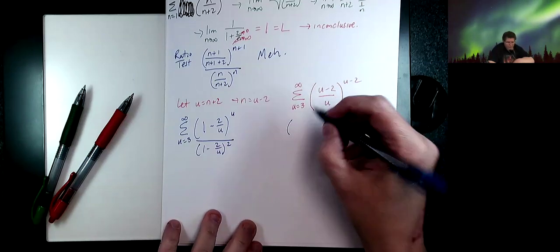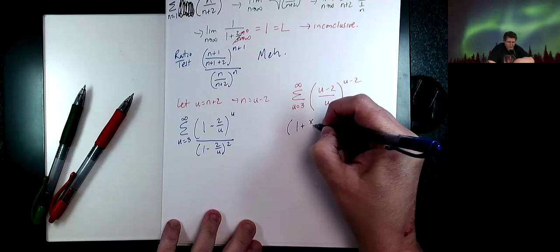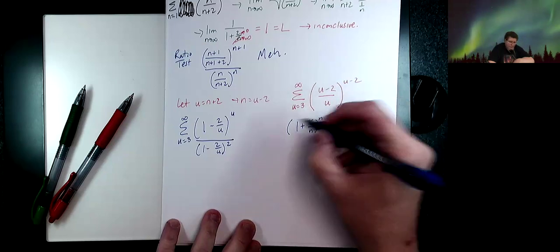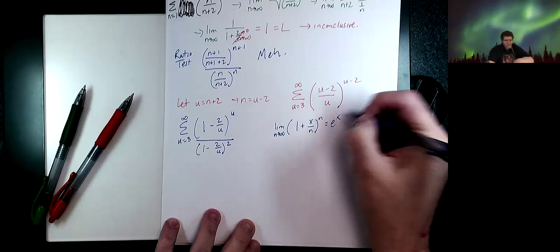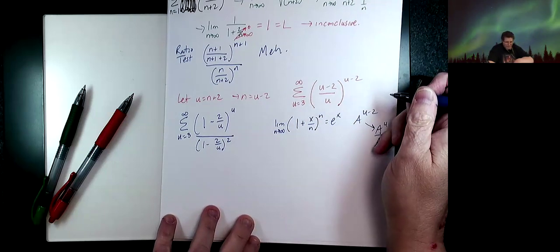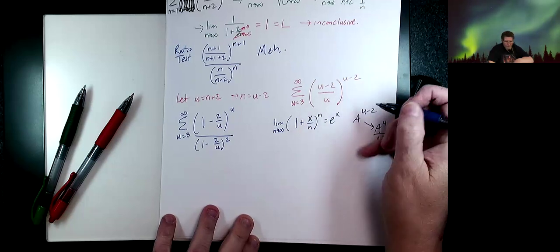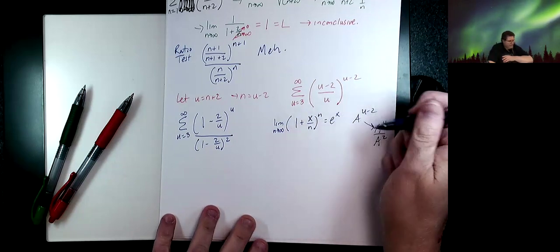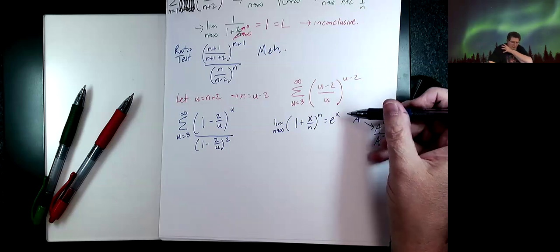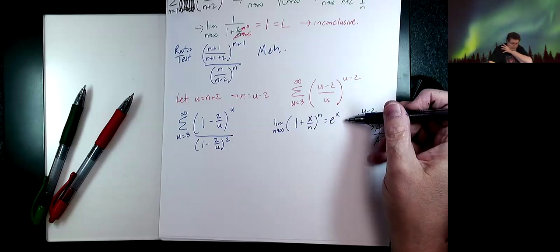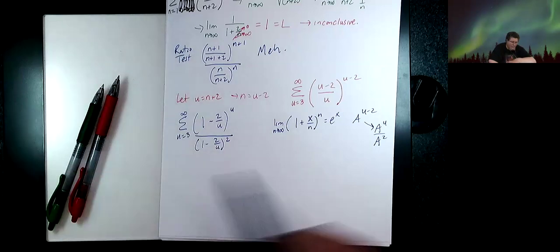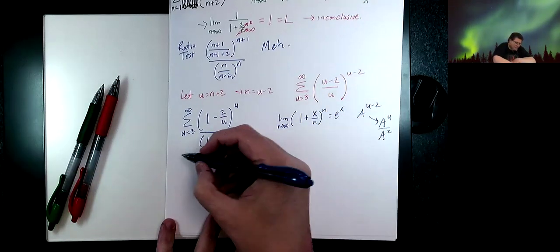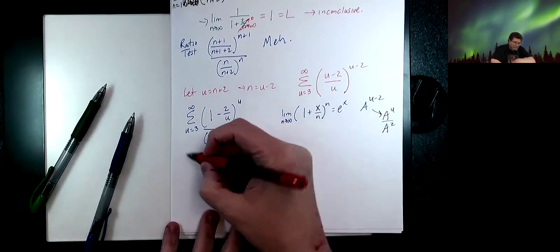Helpful to know: 1 plus x over n to the nth power is e to the x. You might have learned it with just a 1 on top and it just being e, but if you put x in there, this holds true. Right now I haven't done any tests, but now I can hit this with the divergence test.